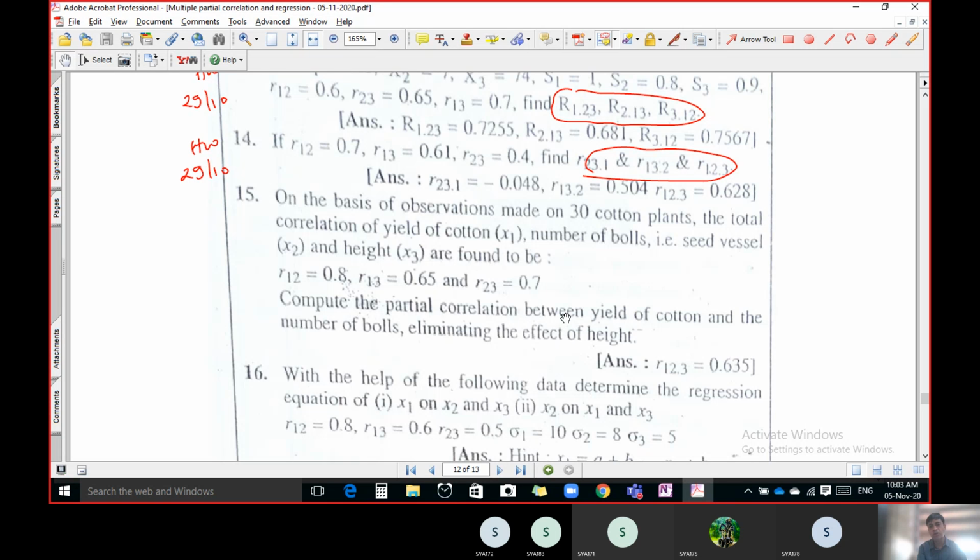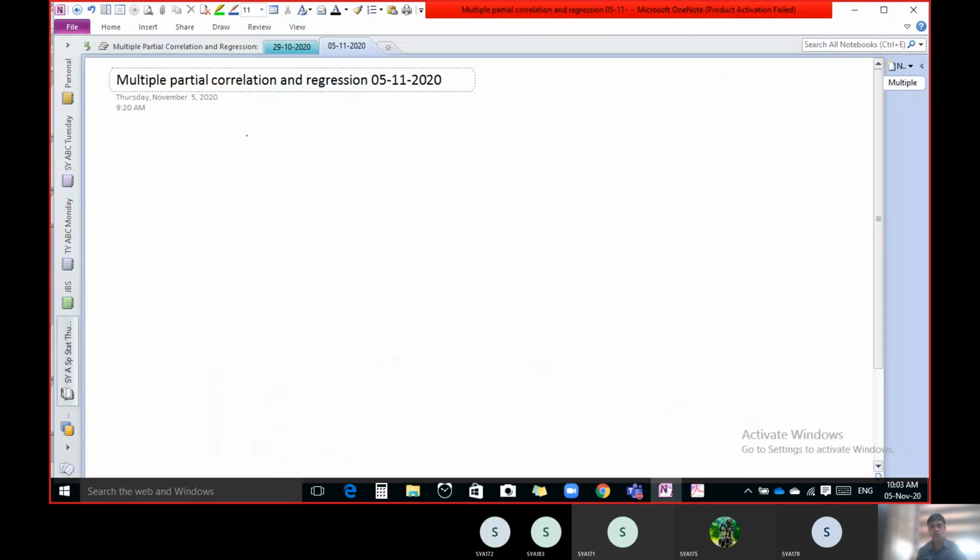So partial correlation between 1 and 2, keeping third constant, is denoted by R12.3. So we have to find out R12.3 in question number 15.